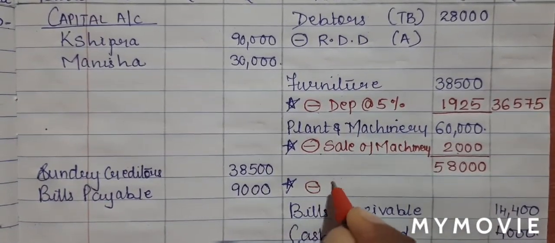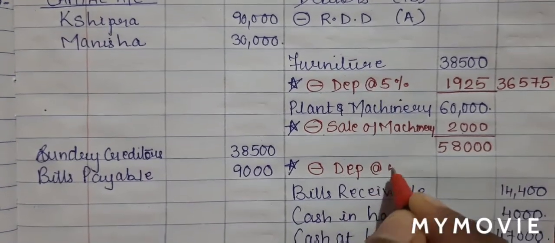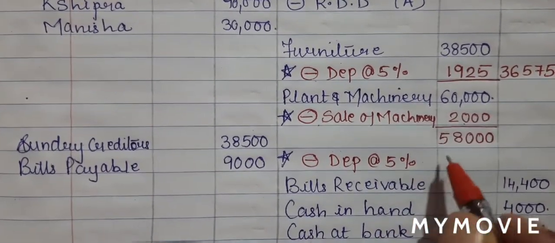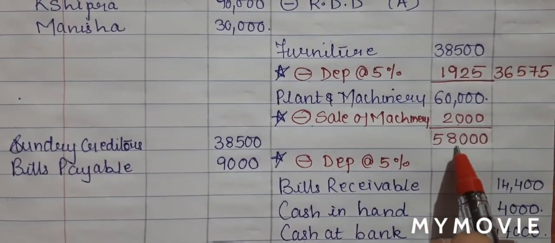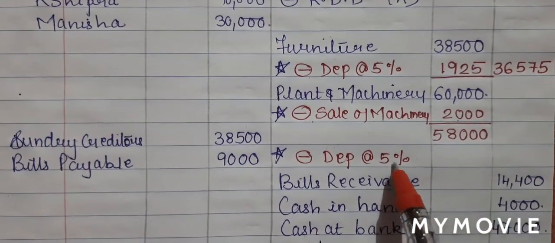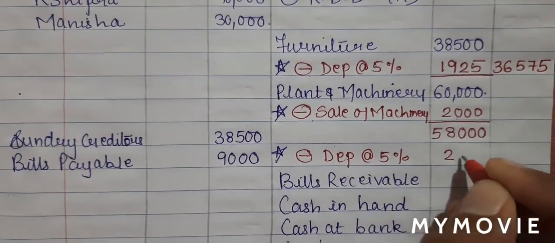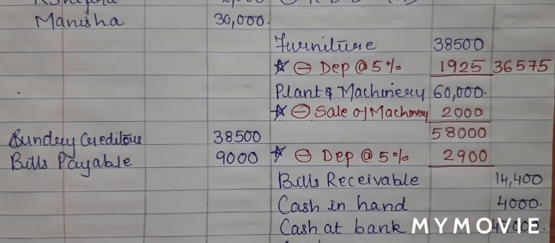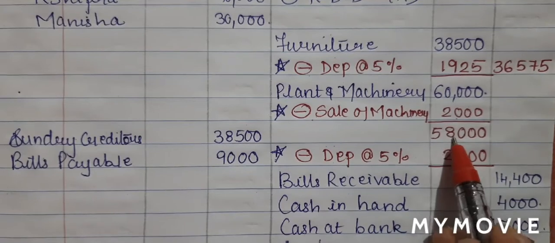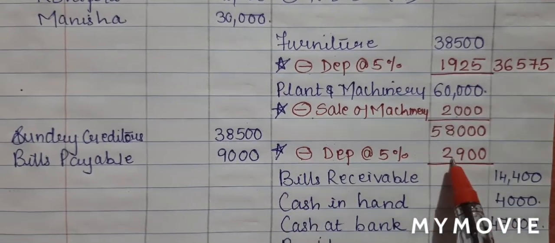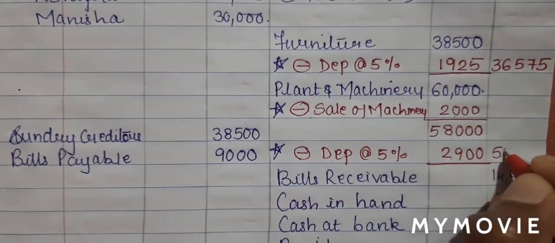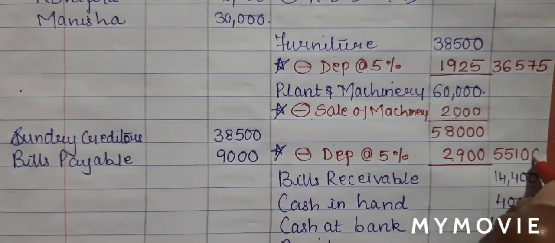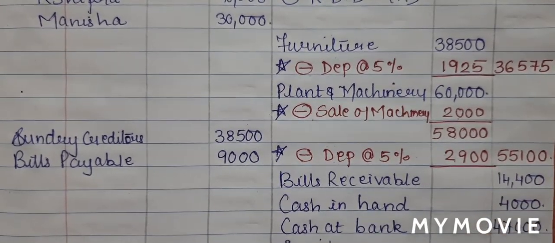So I'll say less depreciation at the rate of 5%. So I will calculate 58,000 5%, which will give me an amount of 2,900. Now I've completed it, so I can do my calculation. 58,000 minus 2,900 will give me 55,100. This is my first effect.